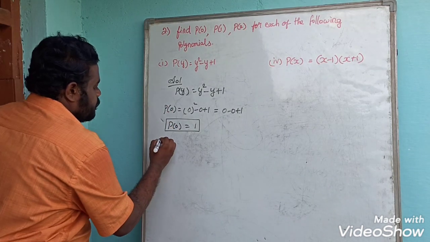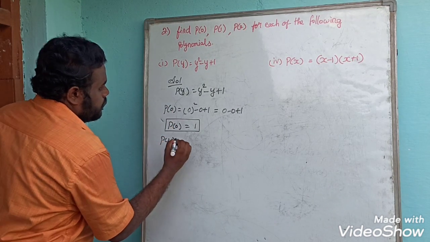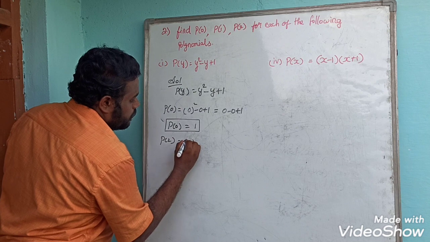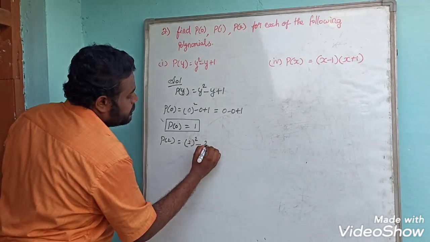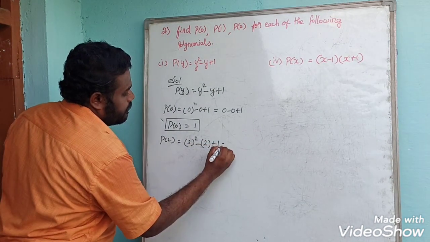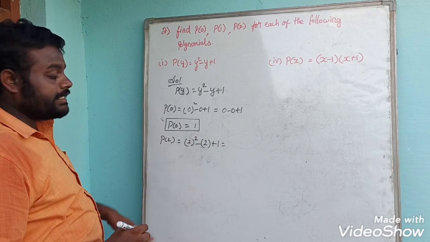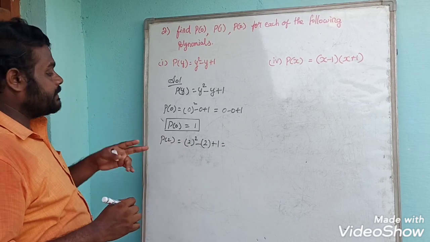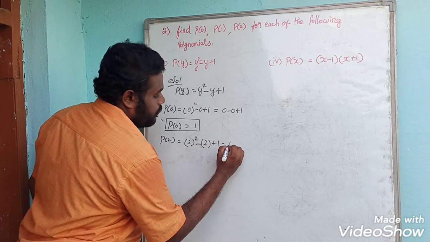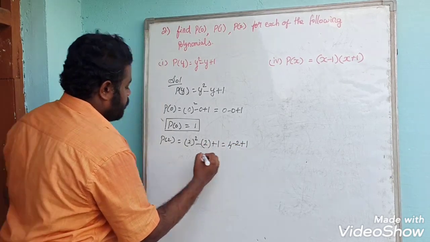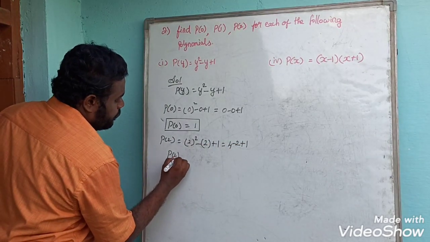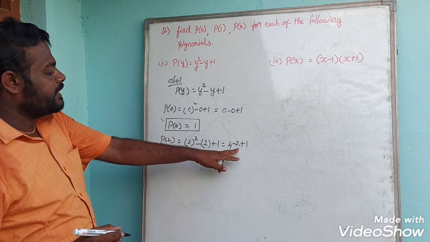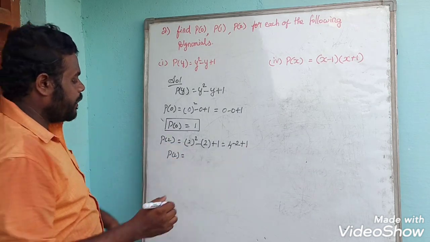And next we substitute P of 2. So 2 whole square minus 2 plus 1. So 2 whole square, in the sense 2 is multiplied twice. So 2 into 2, 4 minus 2 plus 1. So P of 2 is equal to 4 minus 2, 2. 2 plus 1, 3.